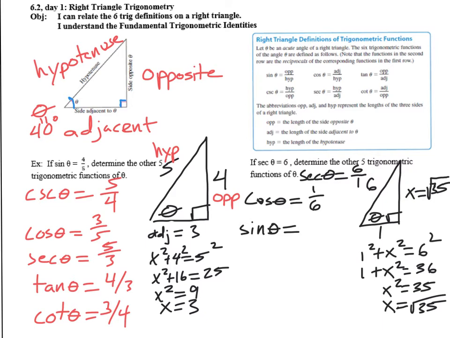Here's sine, opposite over hypotenuse. This one doesn't really change anything. It's the square root of 35 over 6. Here's where you'll notice a little bit of a difference. I go to cosecant, which just according to the ratio says 6 over square root 35.